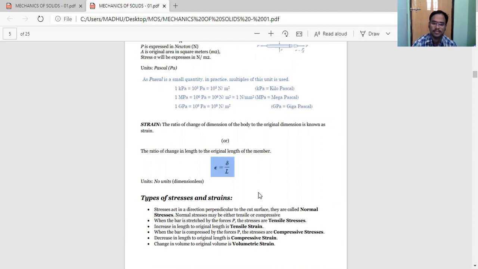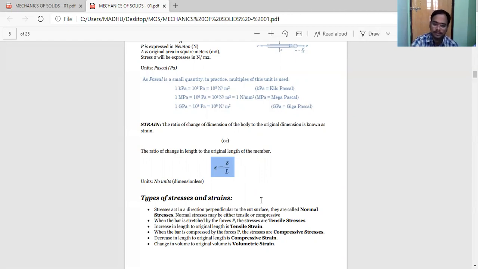In normal stress, we get compressive as well as tensile. In strains, we have different types again. It depends on whether the applied load is normal or tangential. Based on that, the strain is also divided.